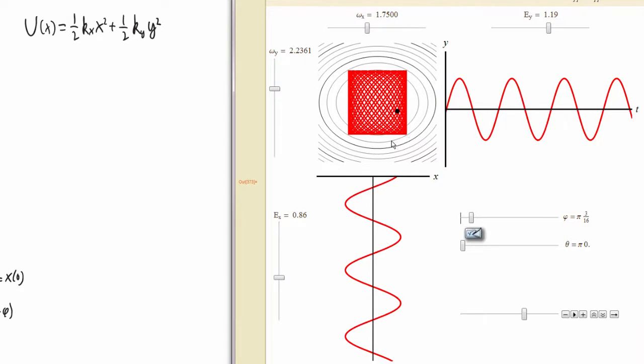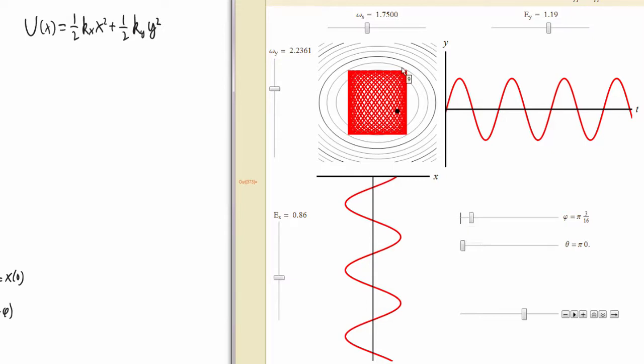Because the energy of the oscillator is a constant, and constant energy here corresponds to these ellipses. So, for instance, this oscillator at these settings that I've chosen here could explore anything that's inside this ellipse that I'm tracing out, in principle. But it doesn't. It restricts itself to this rectangular area.